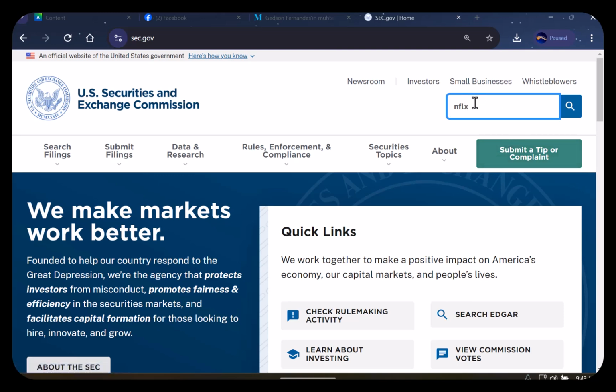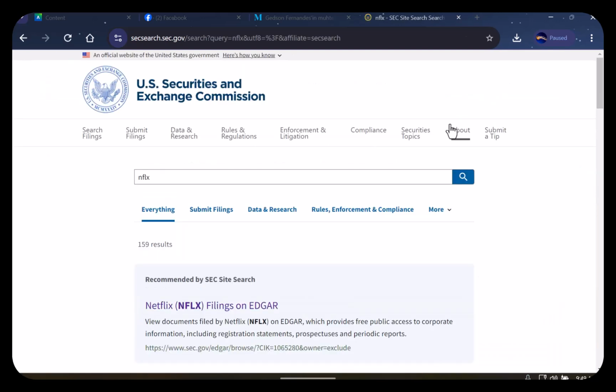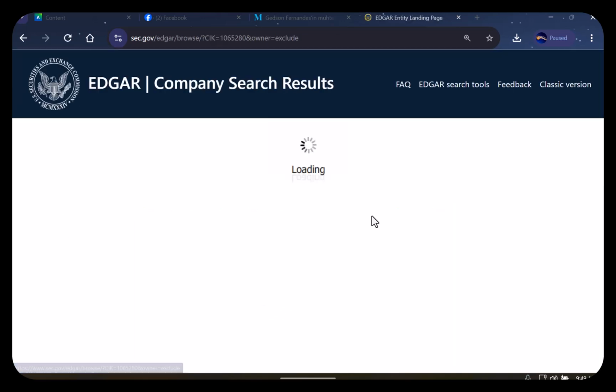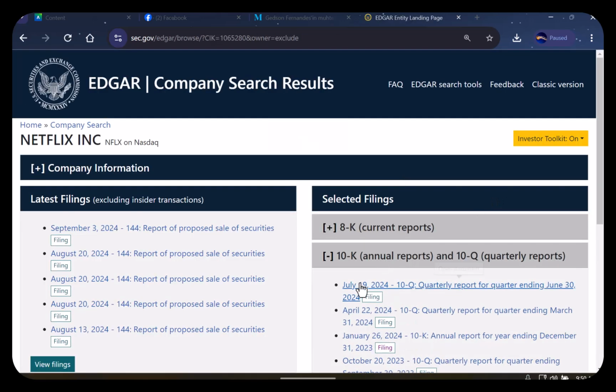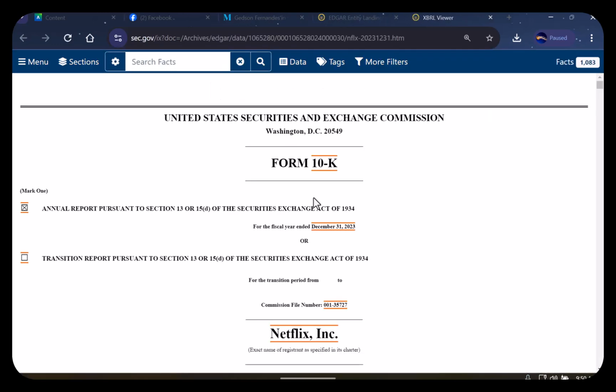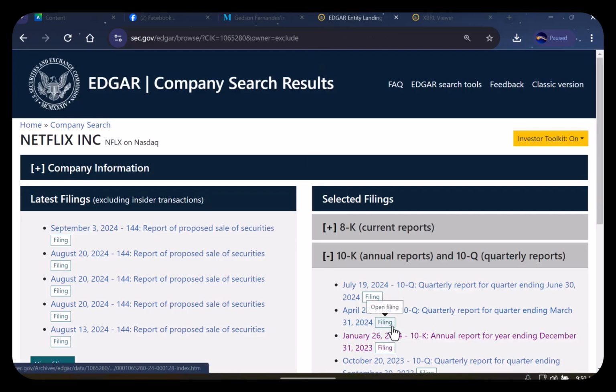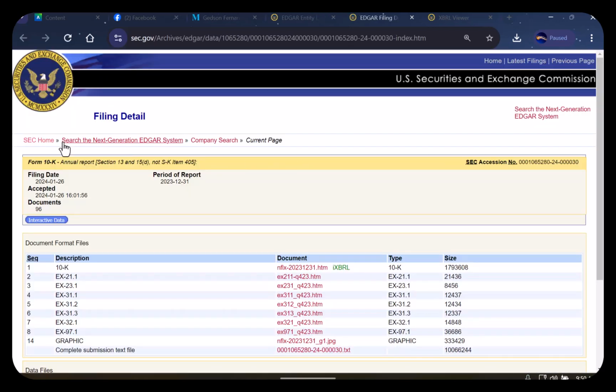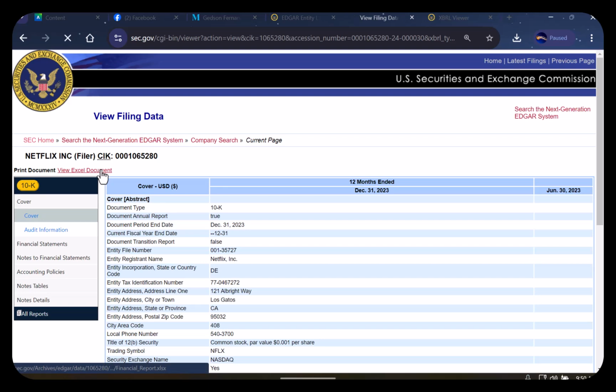Let's just get their 10-K. Hit the filing, interactive data, Excel document.